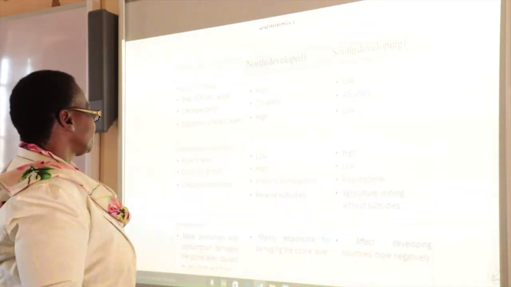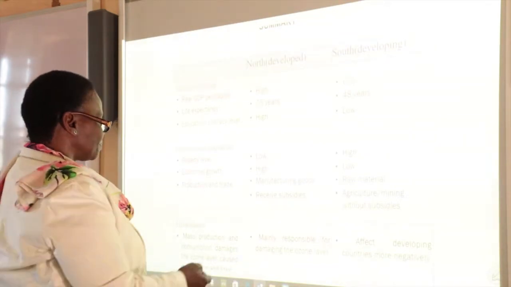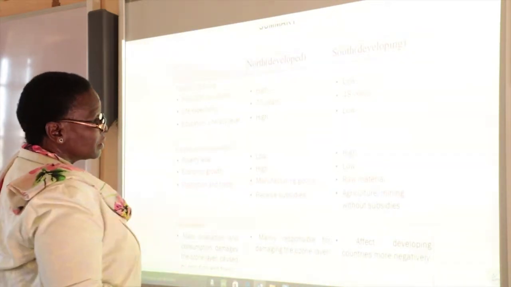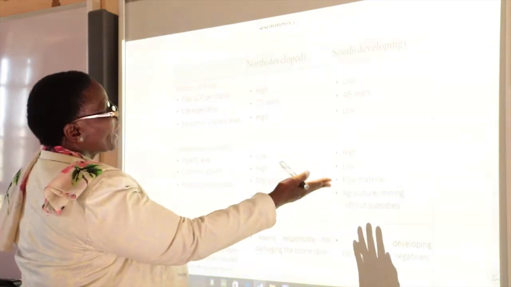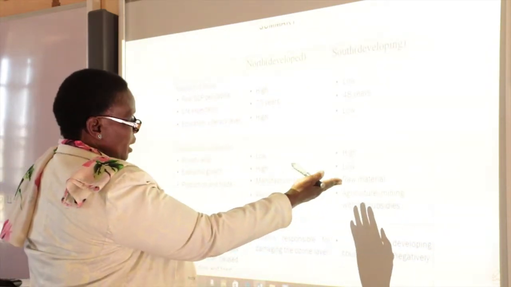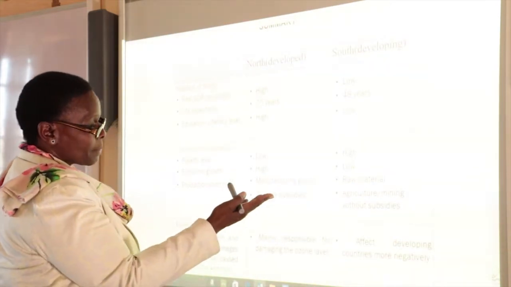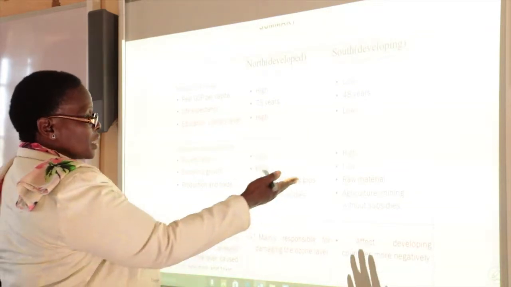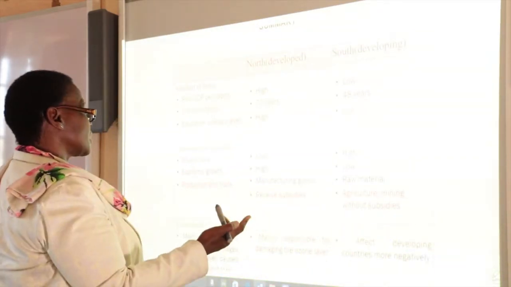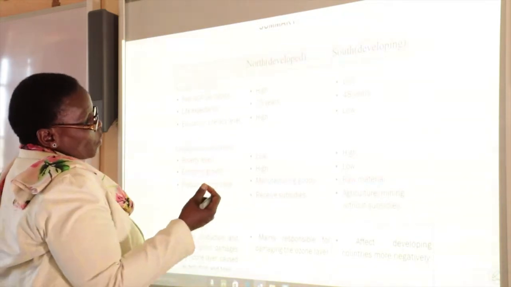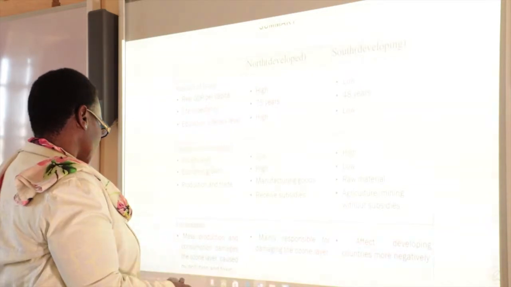The economic growth there is low. Production and trade, the manufacturing, that is the industrialized, and they receive subsidies, whereas the developing countries produce raw materials, agriculture, mining without subsidies. So if they produce raw materials, they will export these raw materials and get less than when they have to import manufactured food at higher prices.